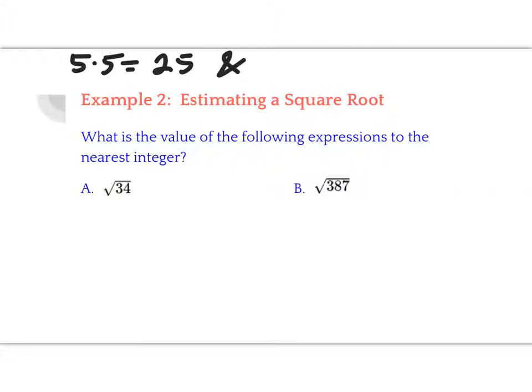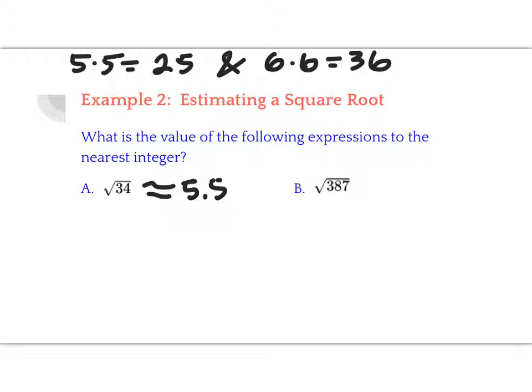Another perfect square would be 36, which is 6 times 6. So we would estimate that the square root of 34 would fall somewhere in between the square root of 25 and the square root of 36. So we could estimate halfway, or 5.5.